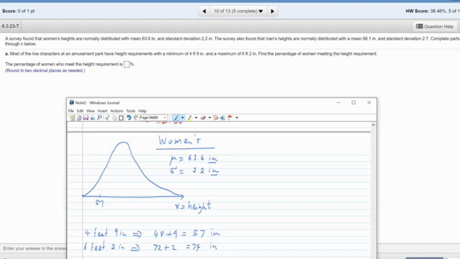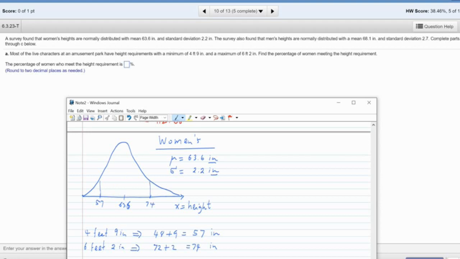Here is your 74 inches, and in the middle is the mean, 63.6. Find the percentage of women meeting the requirement. A woman meeting the requirement has to be between 57 inches and 74 inches.